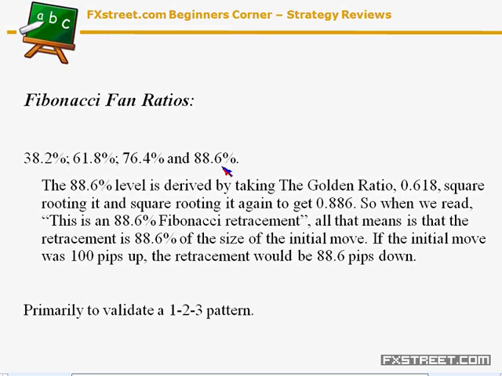So I found out that the 88.6% level is created by taking the golden ratio, the 0.618, square rooting it, and square rooting it again, right? So to get that 88.6. So when you read downward, this is an 88.6% Fibonacci retracement.